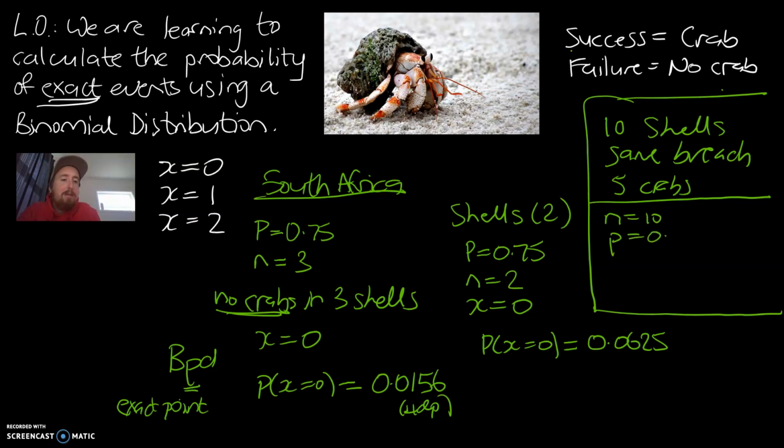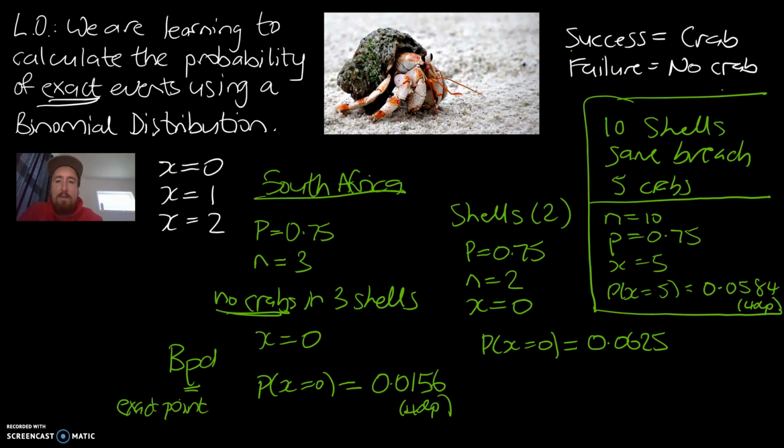Our probability is still 0.75 because we're at the same beach, but if we change beaches, that probability may change. And our x value is now going to be 5 because we're interested in 5 crabs. That means for the probability of getting exactly 5 crabs from those 10 shells, we're going to be using BPD mode again. So x is 5, the number of trials is 10, and the probability unchanged. The probability of that is 0.0584, and I'll round that to 4dp. So again, pretty unlikely, we're probably not going to get exactly 5 crabs.